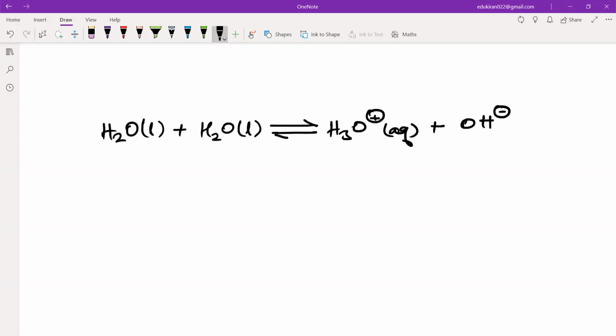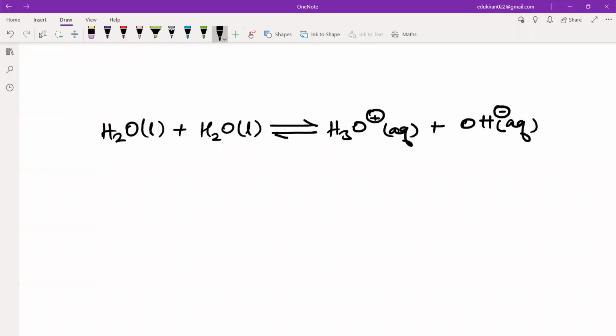It can dissociate into H3O positive and OH negative, both in aqueous phase. Now, obviously, this is not a strong electrolyte. That means it is a weak electrolyte. So we can write an equilibrium reaction here.